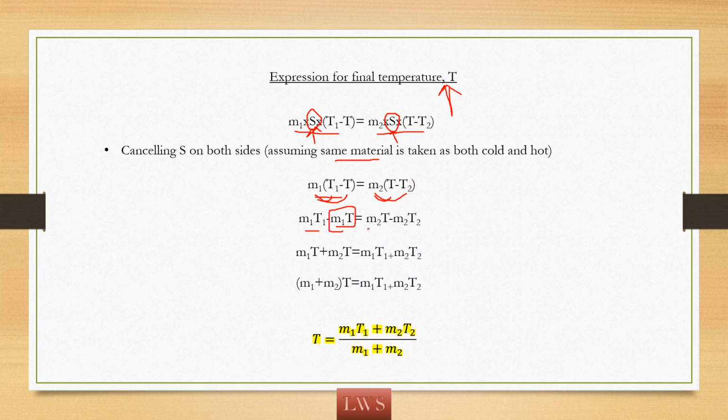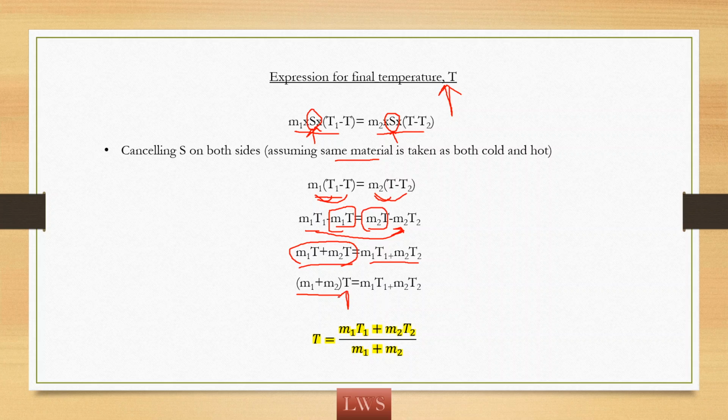So here T is there, here also T is there. So I can write M1 T plus M2 T and the remaining terms to the other side. So I am getting M1 T1 plus M2 T2. So in these two terms, T is the common term. So cancel T from both the terms. So you are getting M1 plus M2 into T is equal to M1 T1 plus M2 T2.